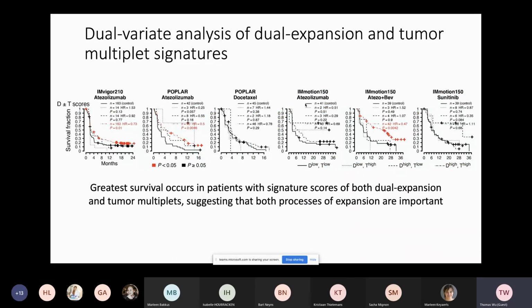Now, we mentioned before there were two types of expansion that we saw in the tissue: dual expansion and tumor-only expansion, this being most of the effector T cells and this being the resident memory T cells. We then did this dual variant analysis of both.